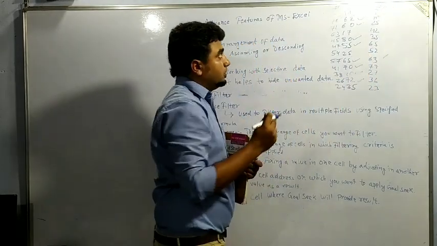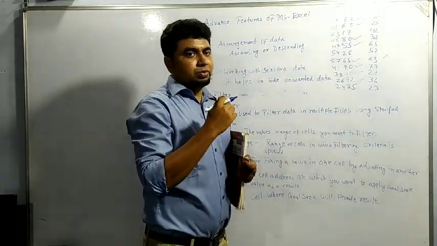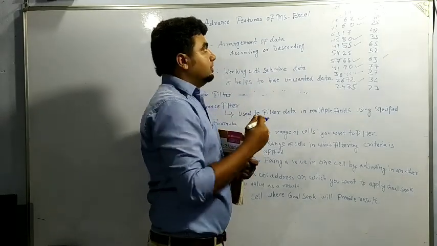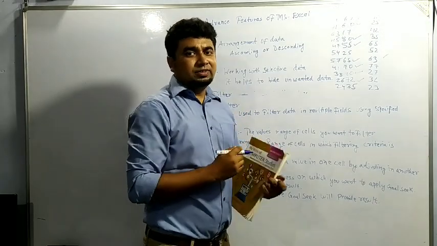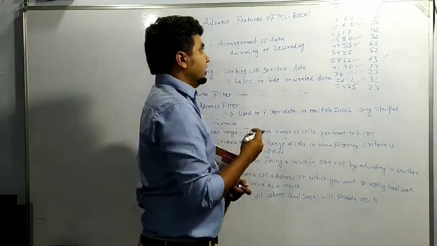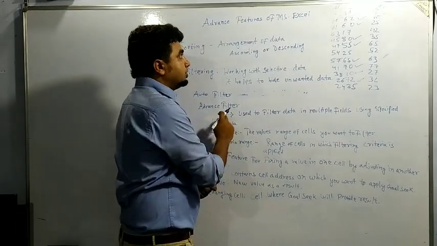Those students who have got 40% or more in computer, 35% or more in maths, and 40% or more in physics, those students' marks I can display with the help of advanced filter.